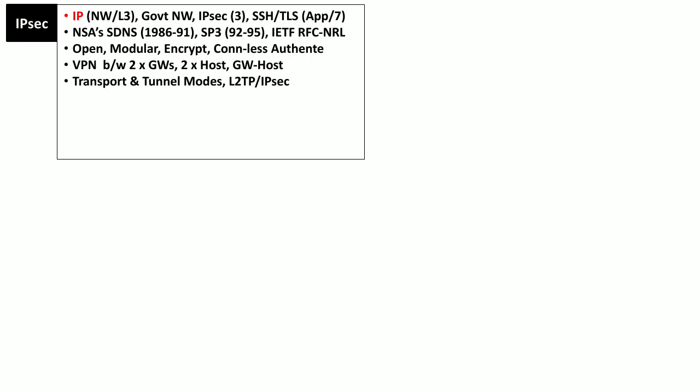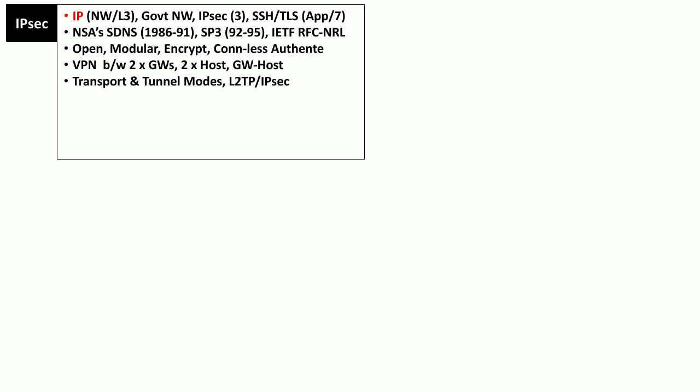Now IPsec operates in two modes of operation, that is the transport mode and the tunnel mode. Once we talk about end-to-end communication, then it is the transport mode. And once we talk about the communication between two networks, then it is normally the tunnel mode.